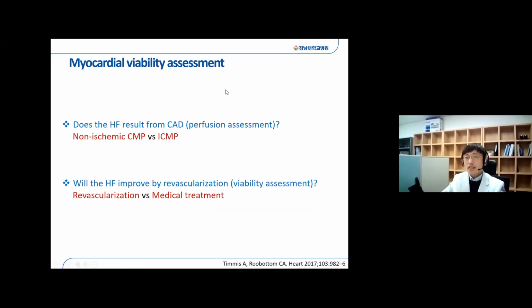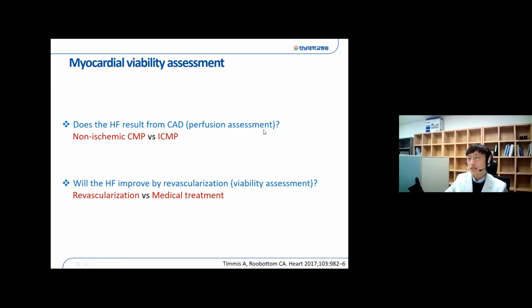So this is the list of the two important questions when we see decreased LV function, as previously defined, LV ejection fraction under 35 or 40% on myocardial perfusion SPECT or PET. First of all, we should think about whether the heart failure results from coronary disease.